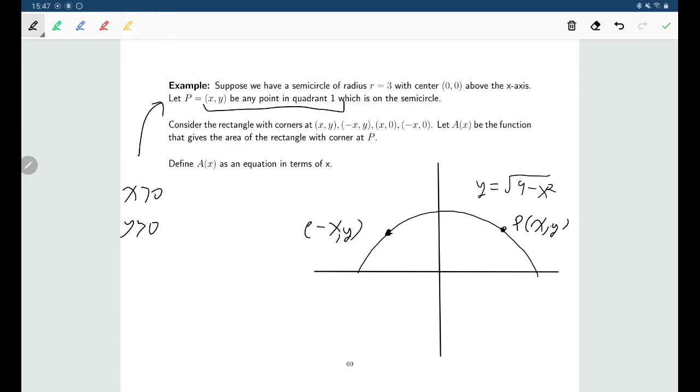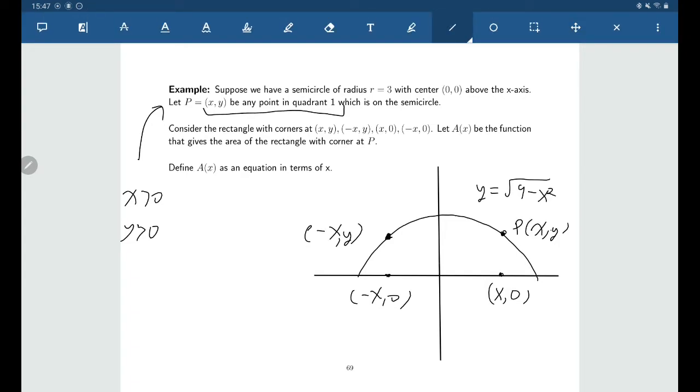The point x, 0 is the point right down on the x-axis directly below our point P, and also negative x, 0, our point on the x-axis directly below negative x, y. So we've got these 4 points, and we're going to construct a rectangle with those 4 points.